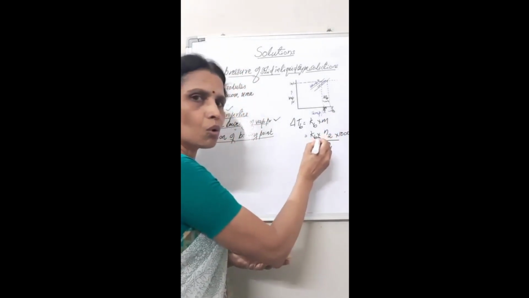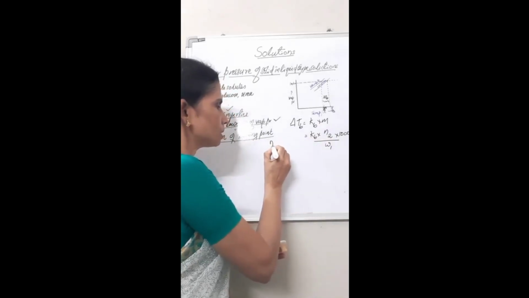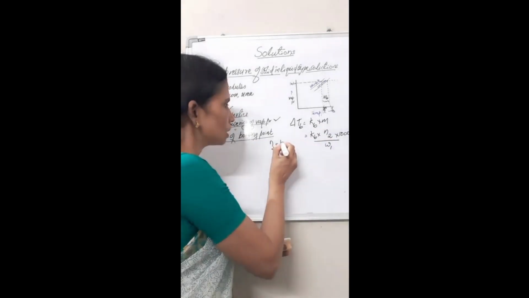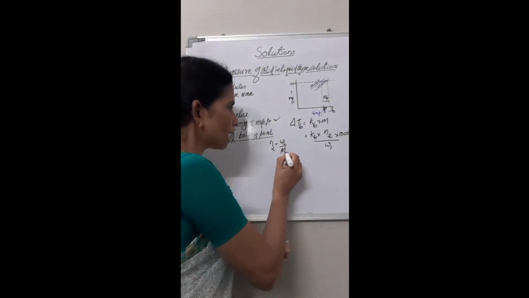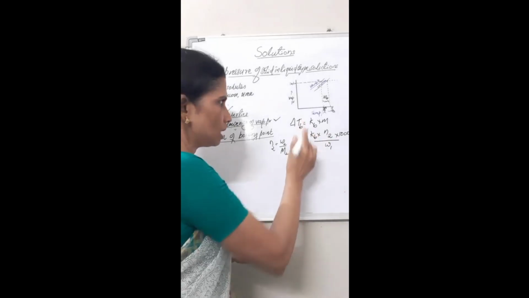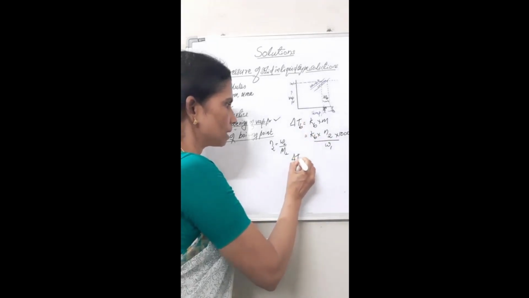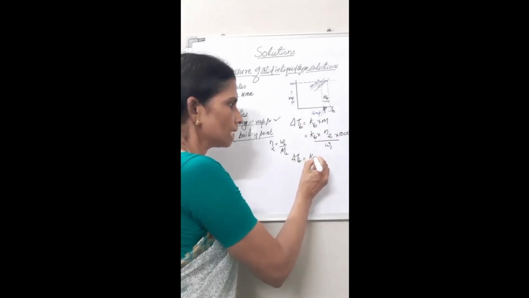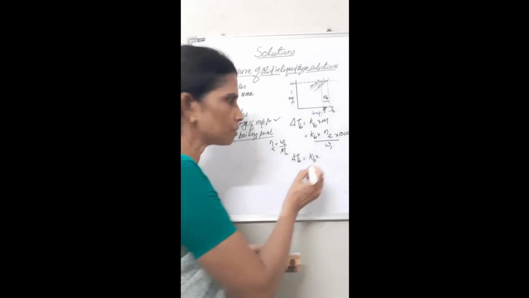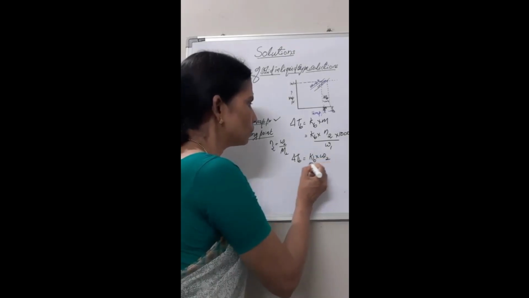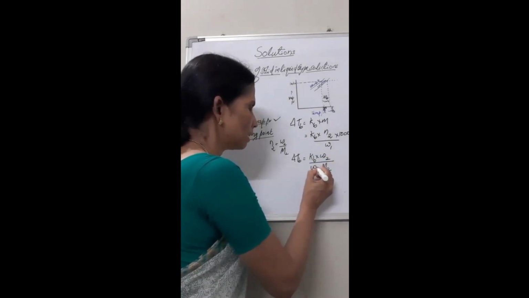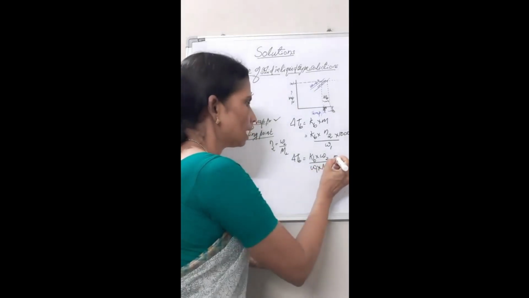But the number of moles n2 of the solute is equal to the mass of solute divided by the molar mass of solute. Substituting this in the equation, instead of n2 we can write W2 by M2, and therefore this is W2 by M2 divided by W1, into 1000.